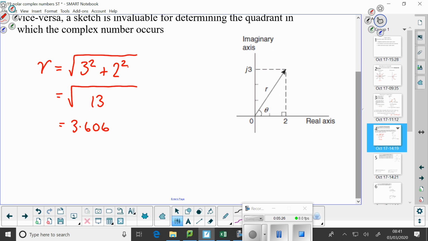And then the angle is equal to tan to the minus 1 of opposite over adjacent, which is 3 over 2, and that equals 56.31 degrees.